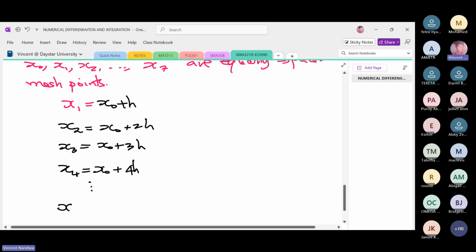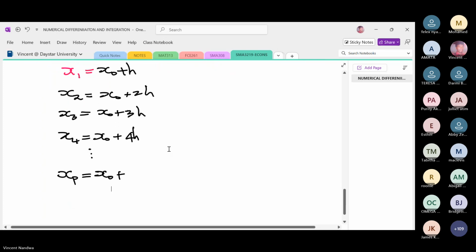Then if I have xp with respect to x0, if you follow that trend, it will be x0 plus. If x1 is x0 plus h, x2 is x0 plus 2h, so xp will be x0 plus ph. Correct.